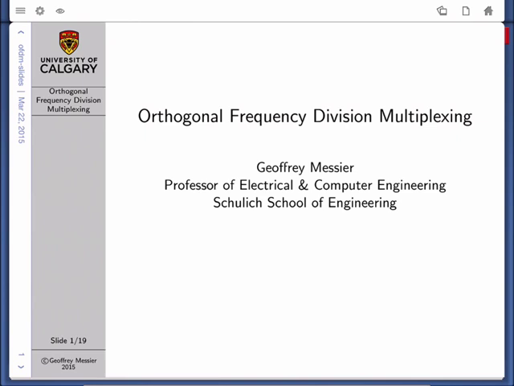Equalizers are essentially tap delay line filters that seek to invert the channel response of the dispersive channel.